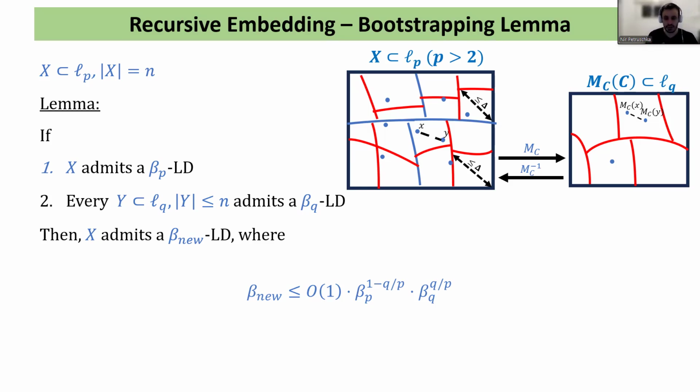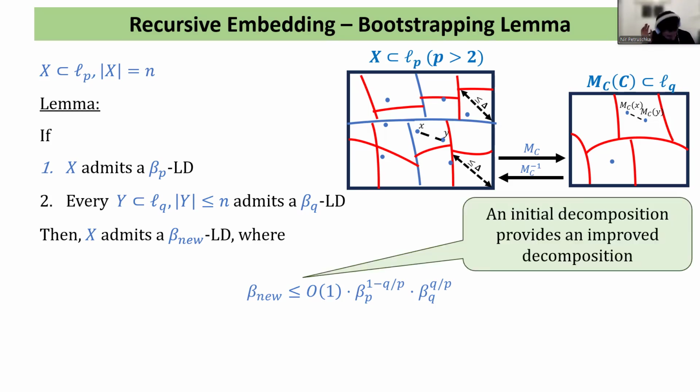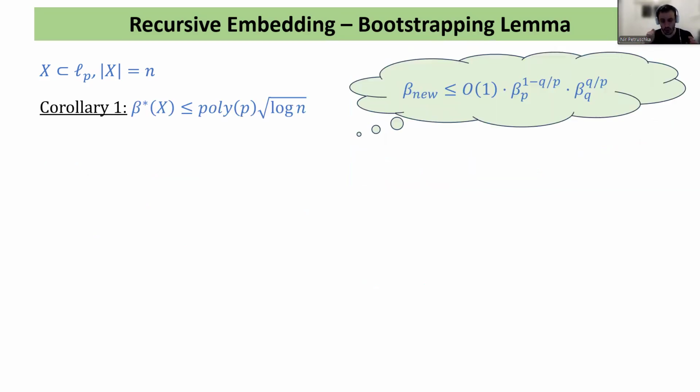Finally, how do we use this lemma to get our results? It is very simple. I'll show you a proof sketch. The decomposition parameter for a point set of n points in a metric that lies in LP is at most poly P times square root of log n.